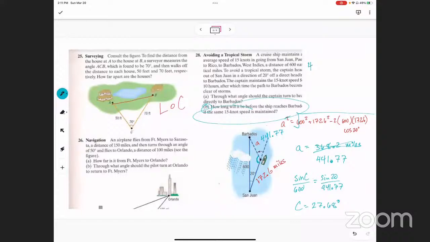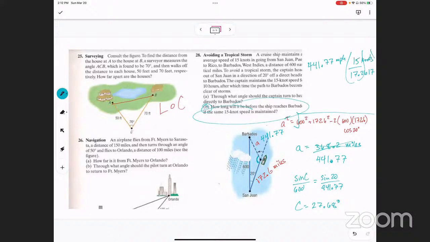So we have 441.77 miles, and 17.2617, 15 knots.